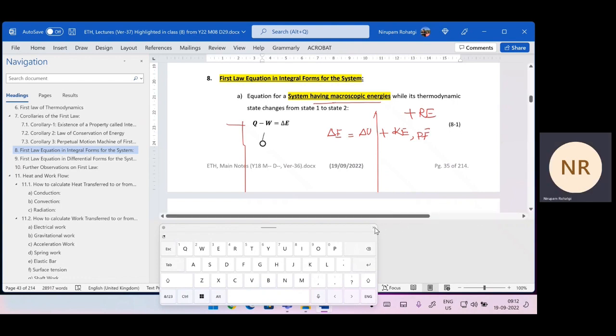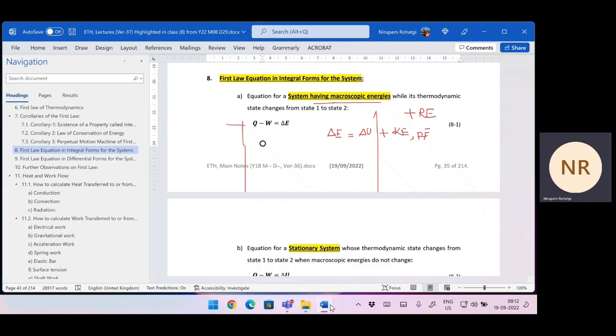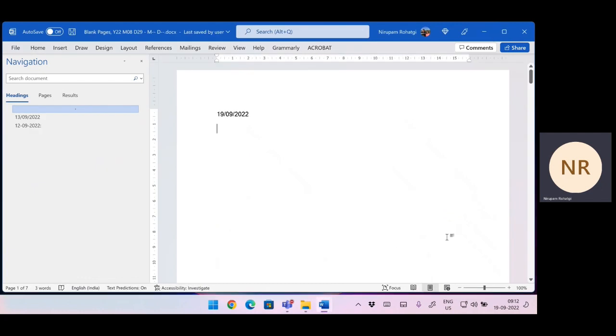So okay, let me take the second diagram here.